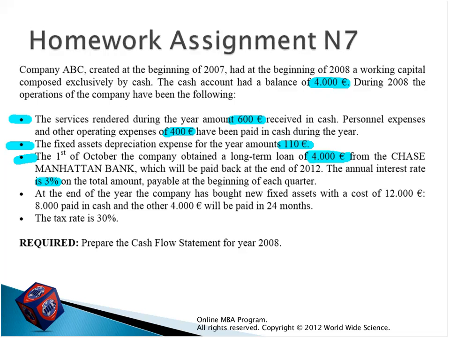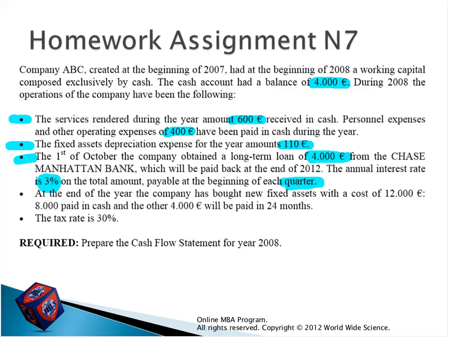So you must consider the interest rate of 3%. You must make the calculation and find how much interest the company paid in 2008. And as well, this amount will be paid quarterly. You see, this is very important.